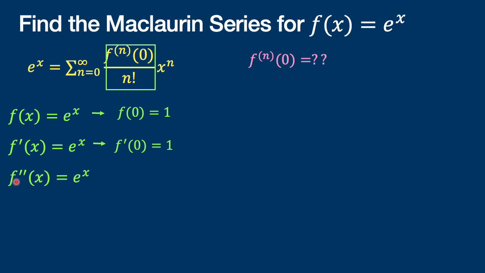Take the derivative one more time. The second derivative of f(x) is e^x, and the second derivative at 0 is 1. The third derivative of f(x) is e^x, and the third derivative at 0 is 1. The nth derivative of f(x) is still e^x, and the nth derivative at 0 is 1.